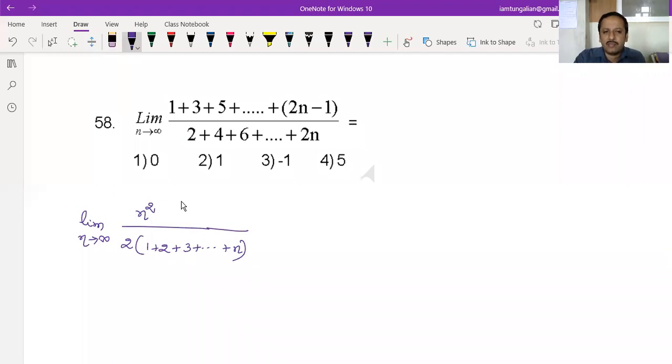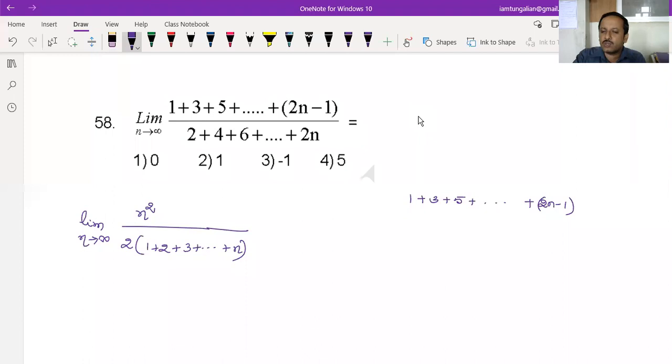Now many of you may be thinking, sir, how do we know that 1 + 3 + 5 up to 2n - 1, the sum of the first n odd numbers, is equal to n²? Some of you may have that doubt. Let me clarify. Say 1 + 3 + 5, etc. This is an AP with first term 1 and common difference 2.